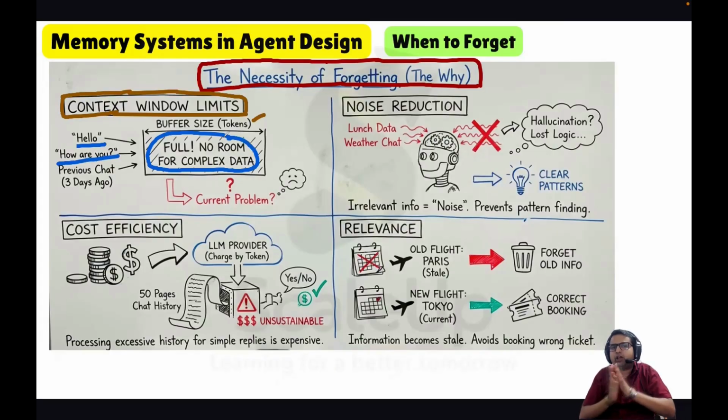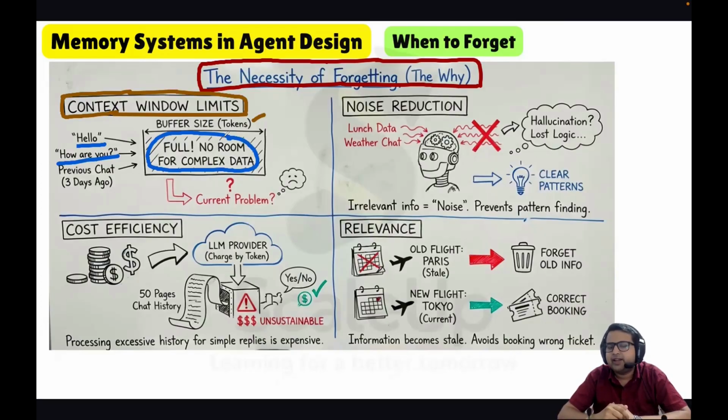And if we fill the context window with irrelevant data like hello, how are you, or something which makes no sense, there will be no room left for complex data needed to solve the current problem, and hence here it makes sense to forget.